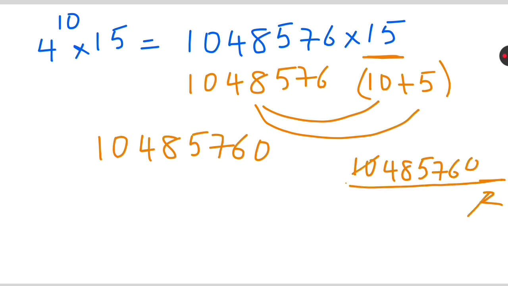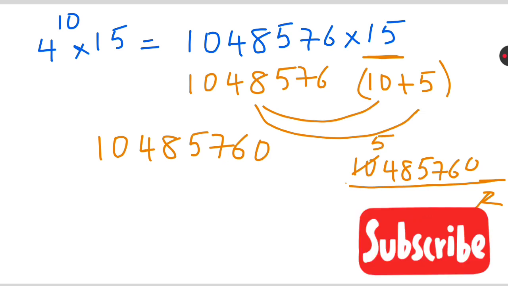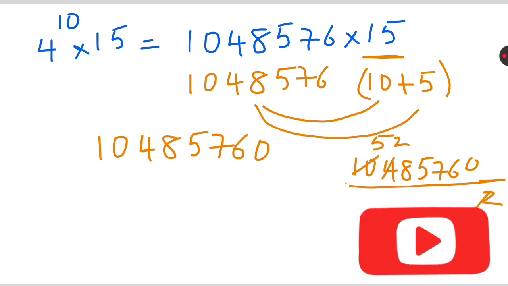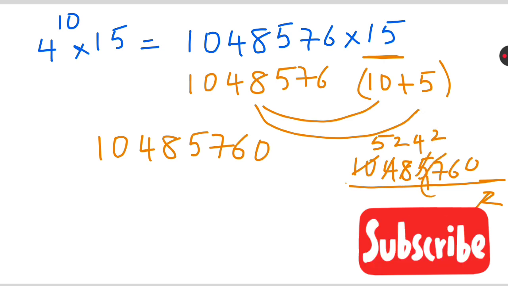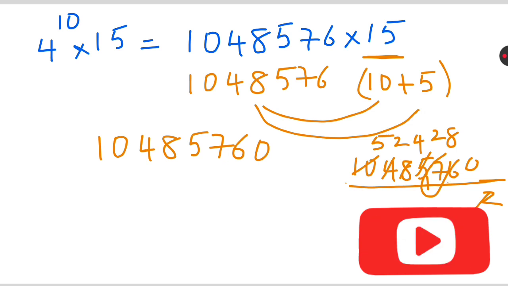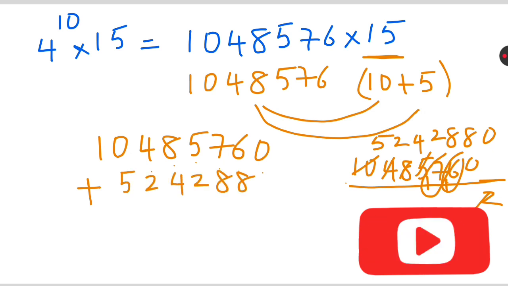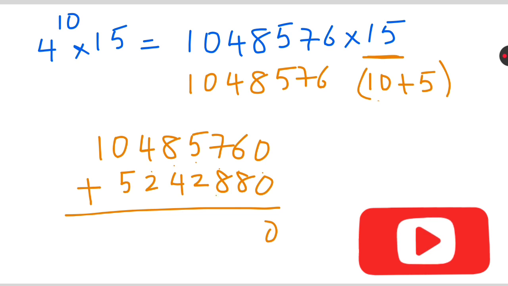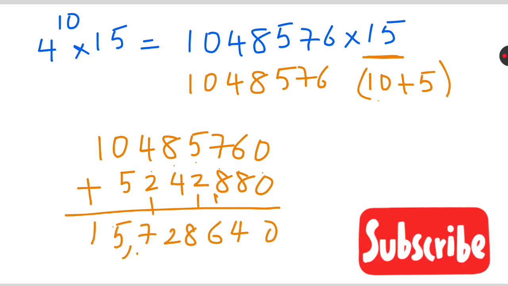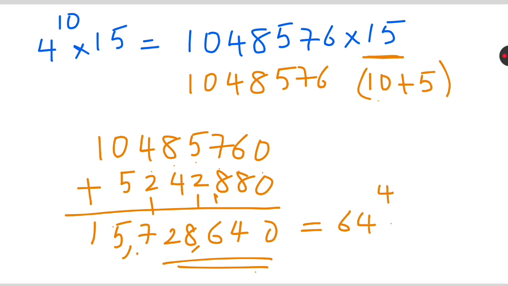So we can easily divide by 2: half of 10 is 5, and then 2, and here 4, and here 2, the remaining 1 here, then with 8, 16, then remainder is 1, so again with 8, then 0. So what we got is 5242,880. After adding, you will get 15728,640. This is the result of 64 raised to the power of 4 minus 16 raised to the power of 5.